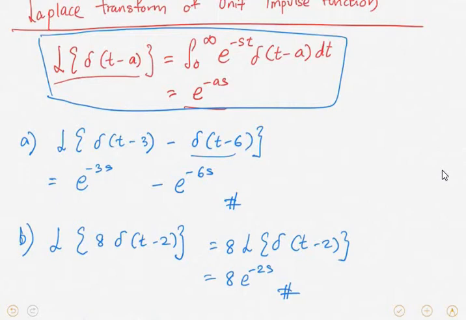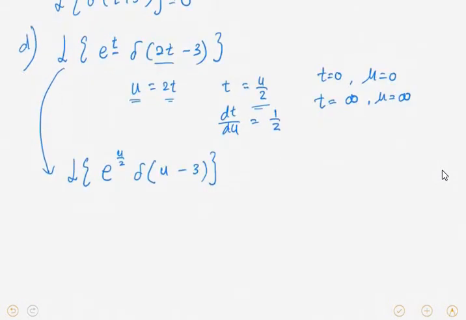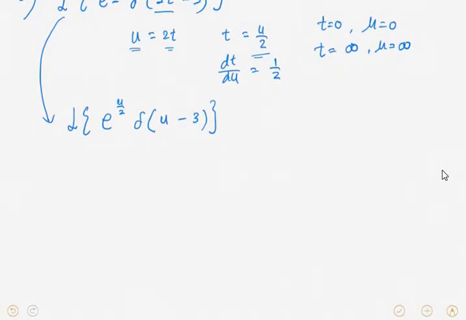If you have the Laplace transform of delta(t plus a), we can use this formula. So we use this formula: the integral from 0 to infinity of e to the negative st, and then we continue with e to the u over 2 delta(u minus 3) du over 2.